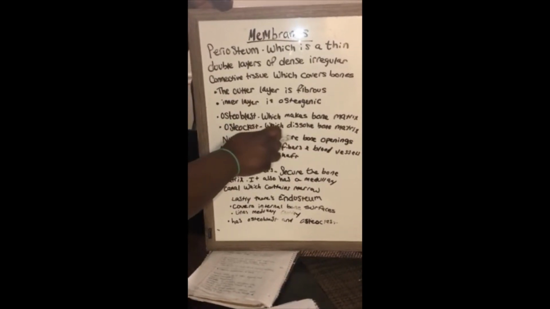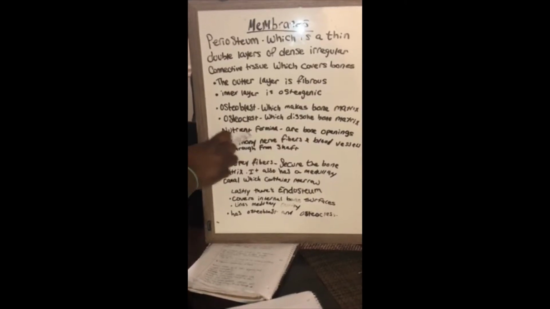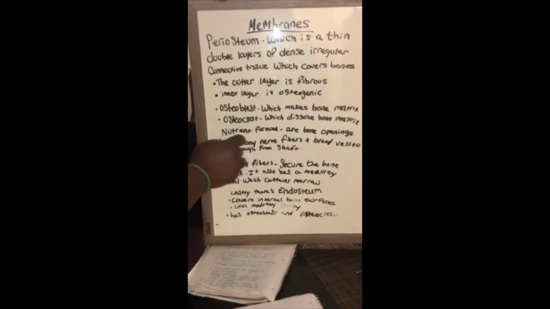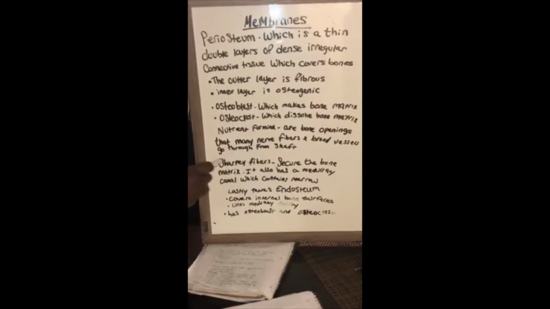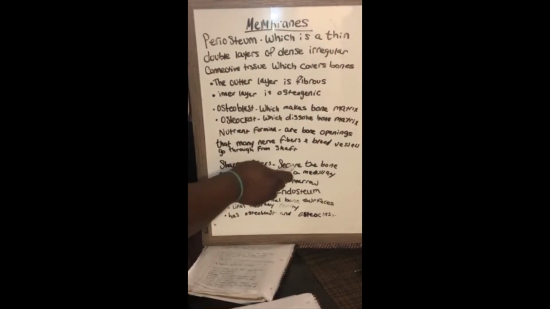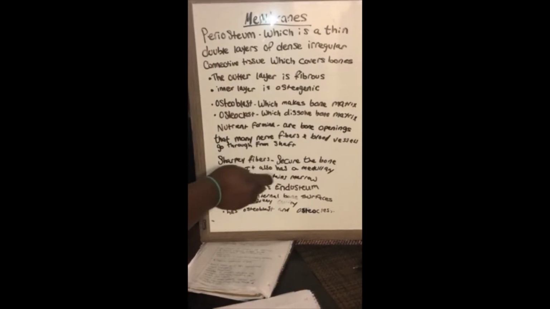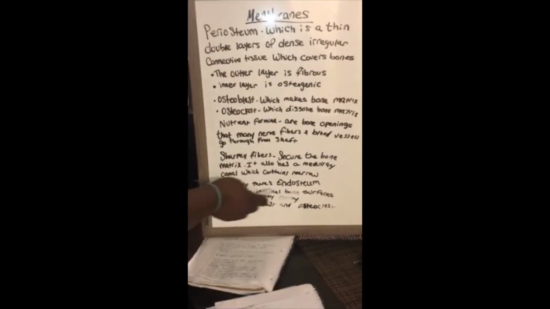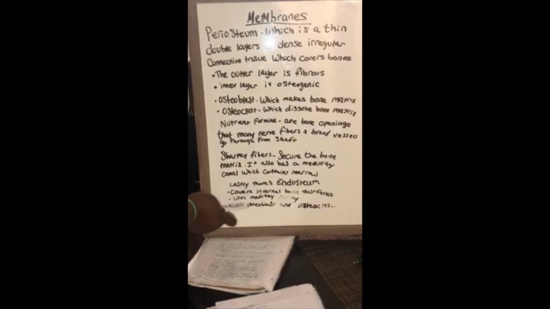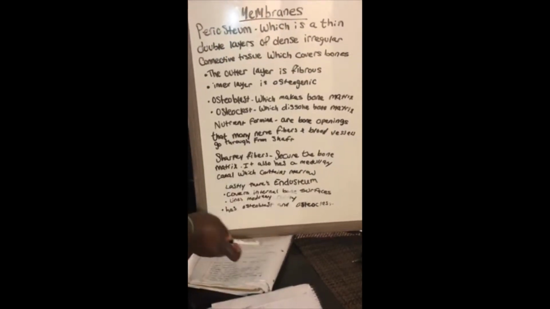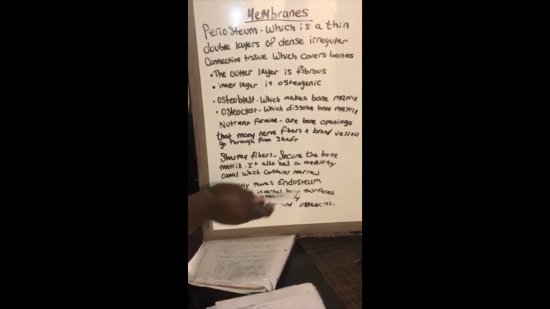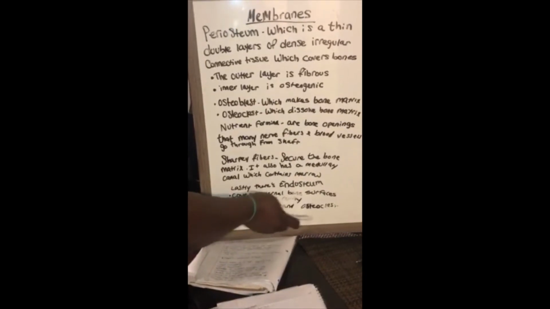Nutrient foramina are bone openings that many nerve fibers and blood vessels go through from the shaft. Sharpey's fibers secure the periosteum to the bone. It also has a medullary cavity which contains marrow. Lastly, there's the endosteum. It covers internal bone surfaces, lines the medullary cavity, and has osteoblasts and osteoclasts.